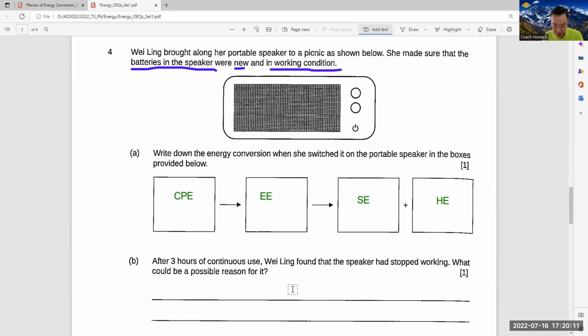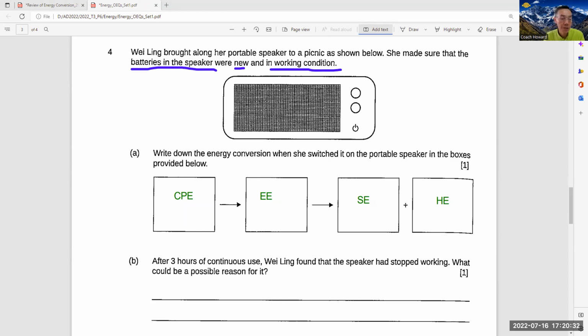Next, after 3 hours of use, Wei-Ling found that the speaker had stopped working. What could be a possible reason? Very simply, the reason is that the battery had no more chemical potential energy. Or you can say the battery had drained or the batteries were flat.